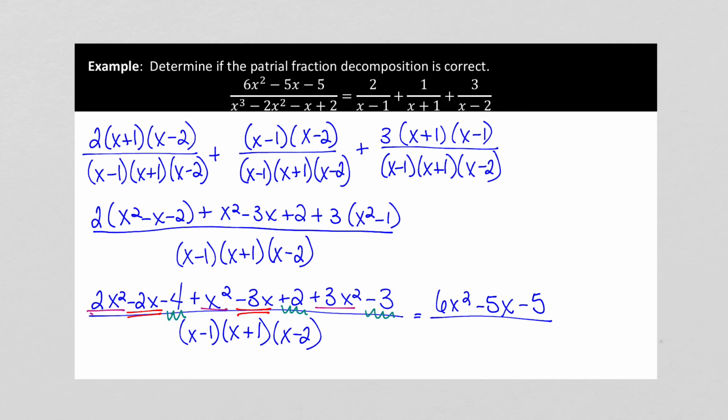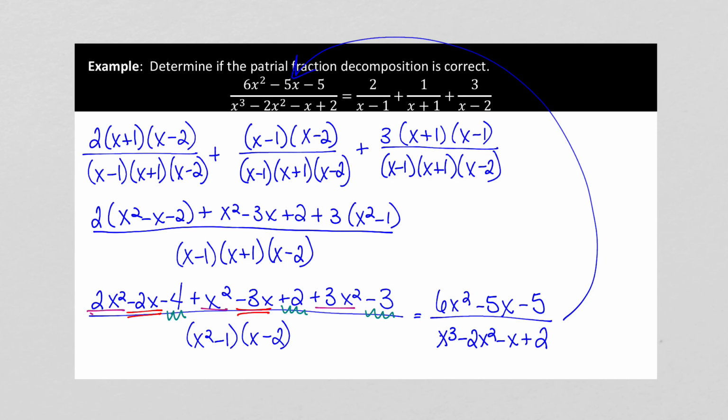Let me go back here and let's do the bottom. So first, x minus 1 times x plus 1. Foil that, and you're going to get x squared minus 1. And then foil this, you'll get x cubed minus 2x squared minus x plus 2. Now we can ask ourselves, is that equal? And yes, it is. So we determined that the partial fraction decomposition for this problem is correct.